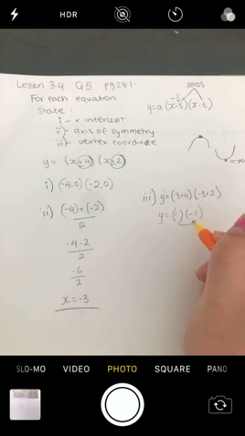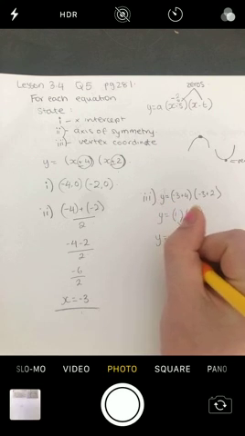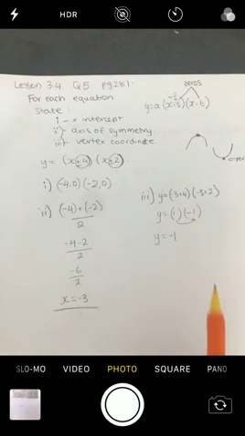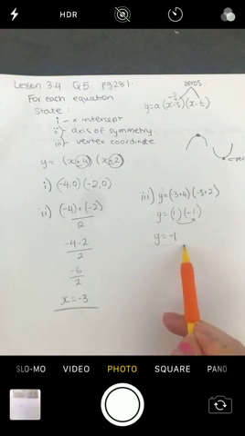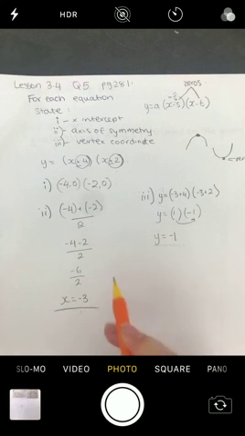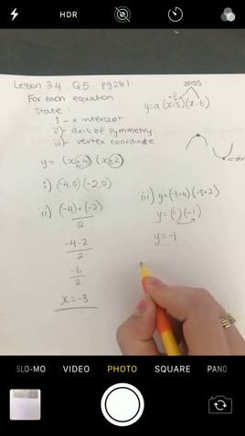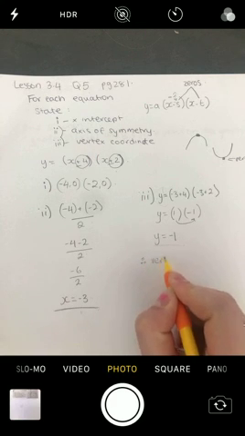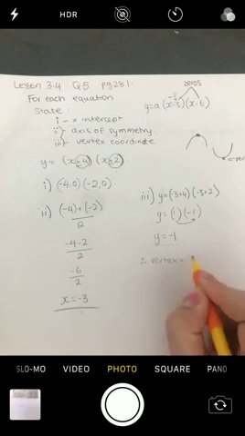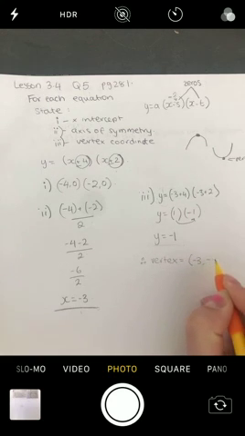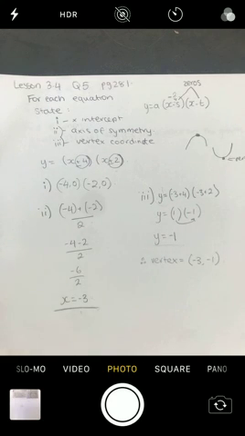Now we multiply those together, and y equals negative 1. So now we have our y value of our vertex and our x value of our vertex. So we would put them together and say, therefore, our vertex is (-3, -1).